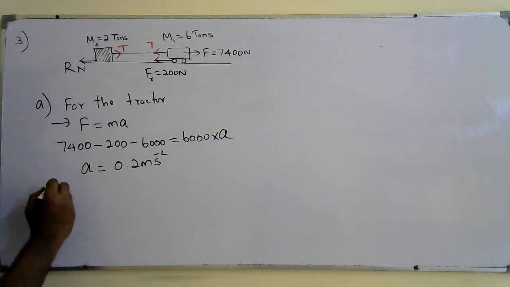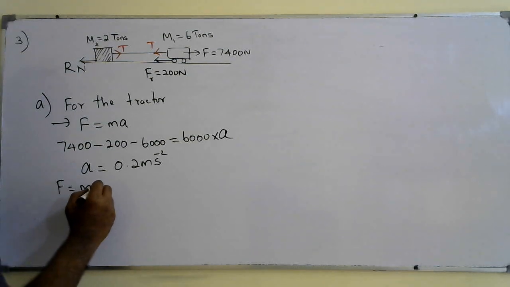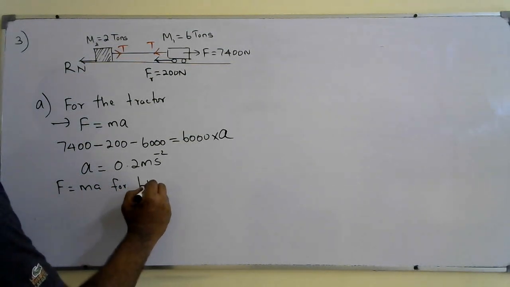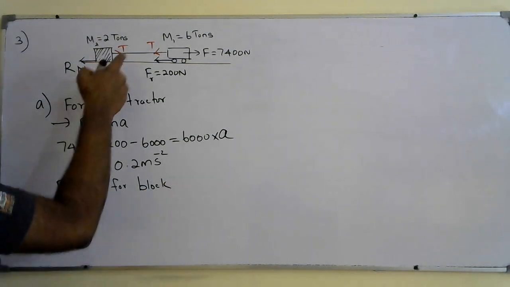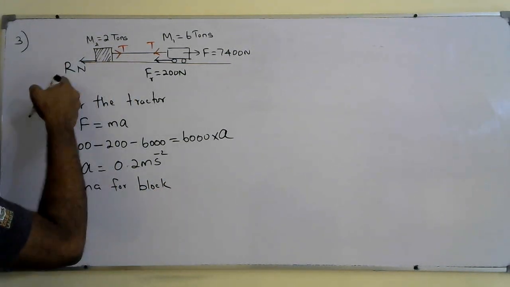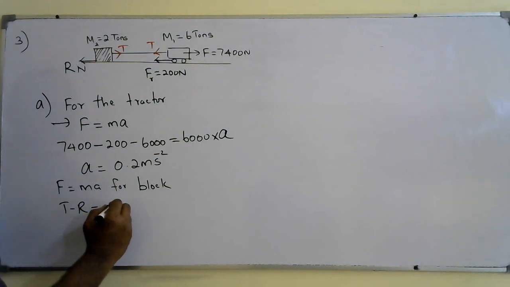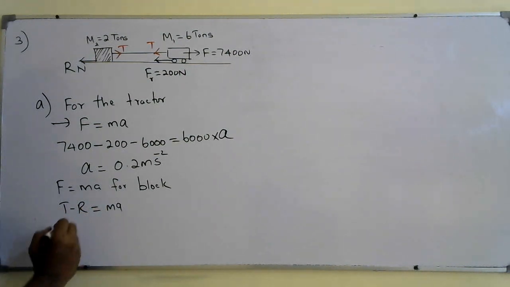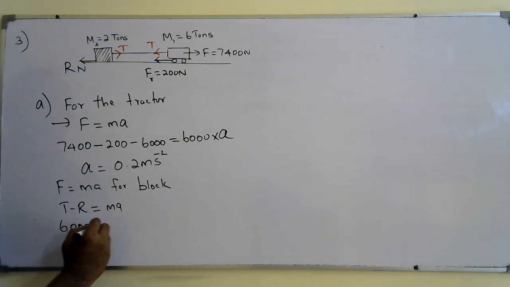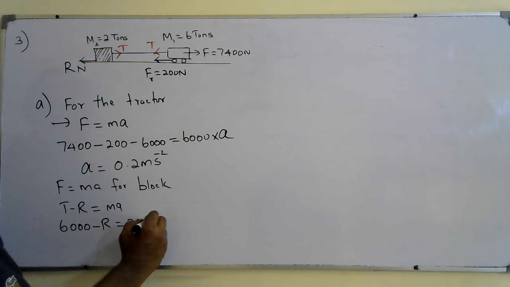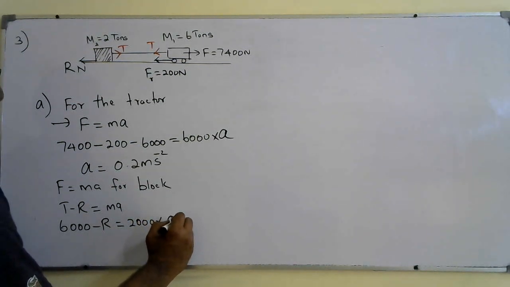Okay, now use F equal ma for the box. Box or block, they are using block. So that is tension T minus R, so T minus R equal ma. T we know is 6,000, given. We need to find R. Mass is 2,000 kilograms times acceleration 0.2.